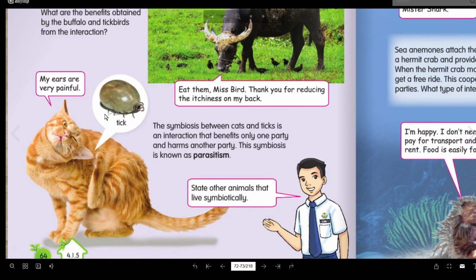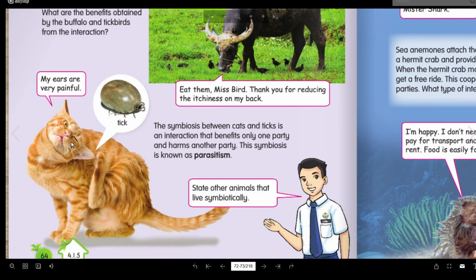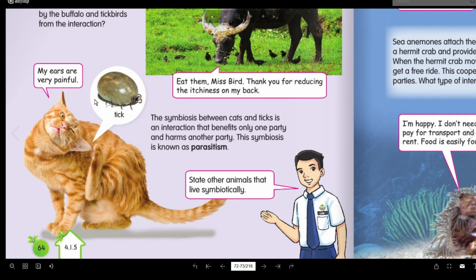Again, this cat, my ears are very painful. So there are ticks. The symbiosis between cats and ticks is an interaction that is benefiting only one party. Tick is getting the food, right?